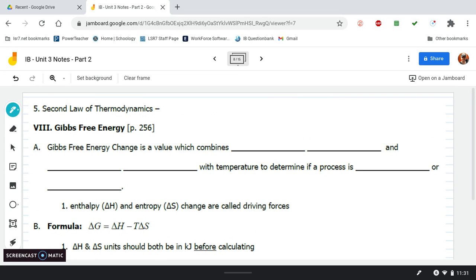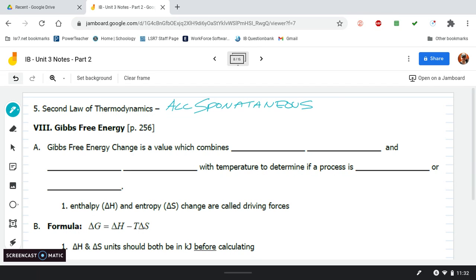So what this says is that all spontaneous, and remember we're talking about whether or not a reaction is going to happen. So when we're talking about spontaneous, it's whether or not it's going to happen.